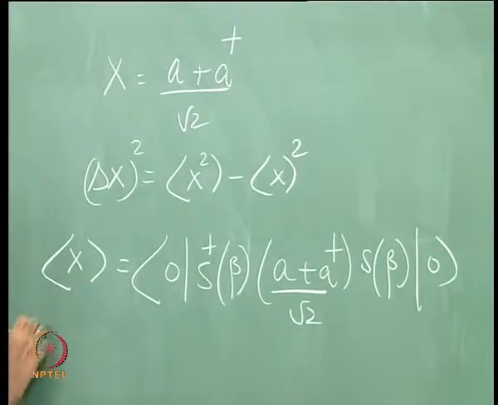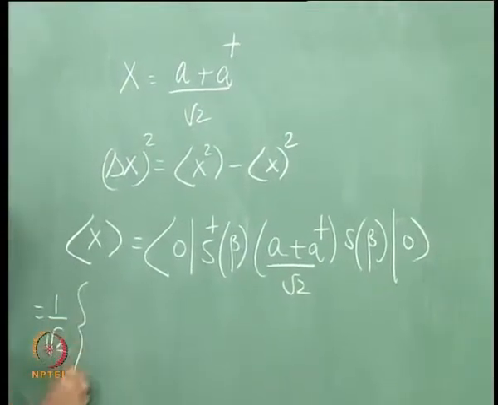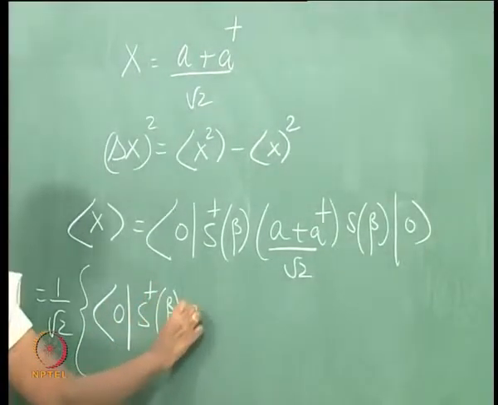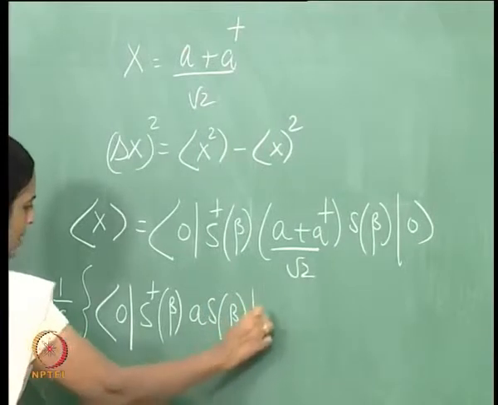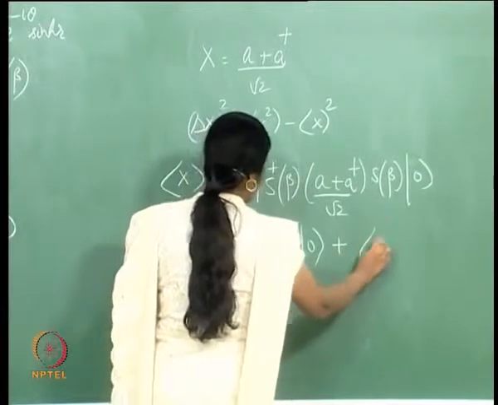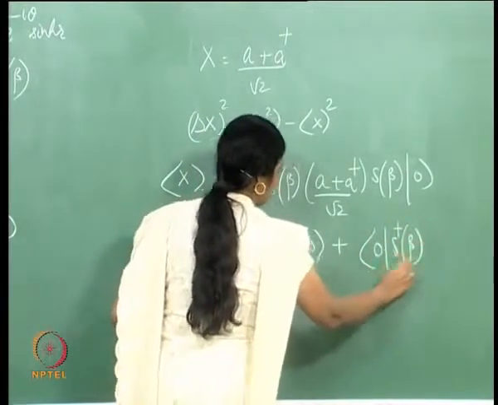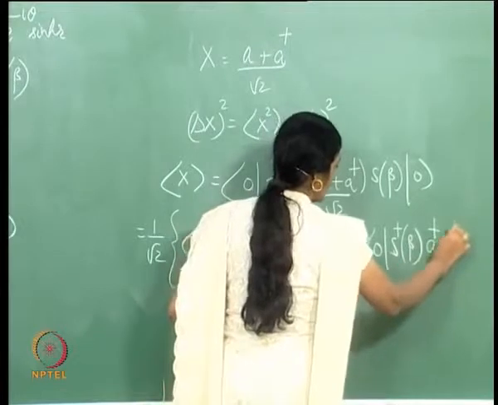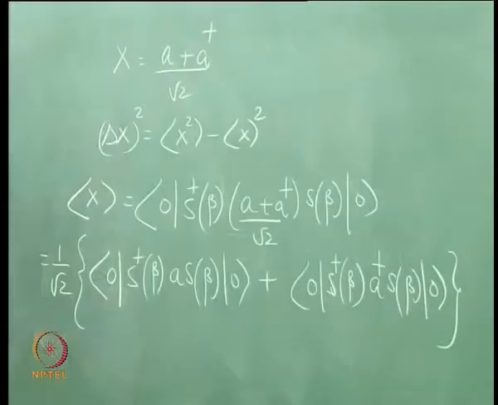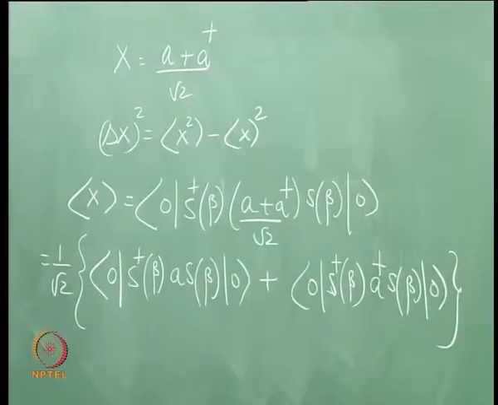But we know this quantity is just 1 by root 2. The first term is 0 S dagger of beta A S of beta 0. The second term is 0 S dagger of beta A dagger S of beta 0. This is expectation x in the state S of beta ket 0. This object is known to us.